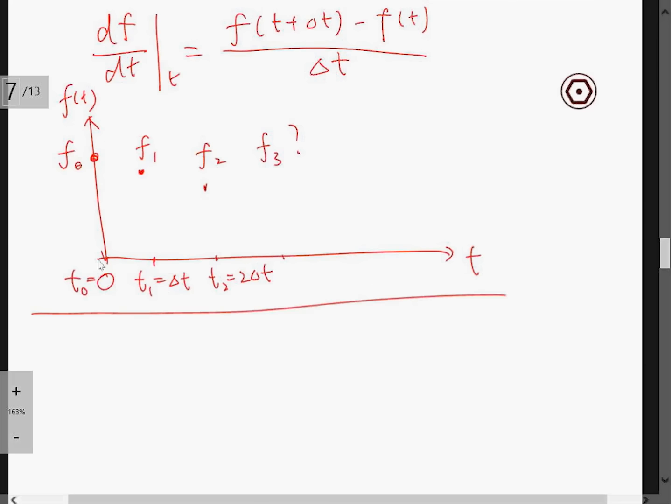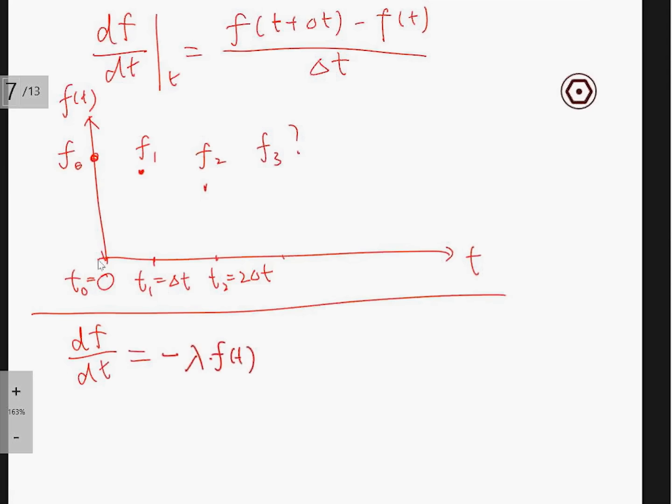So here's what is given. I have the ODE: df dt equal to a function of f, let's say minus lambda times f. So here's my simple ODE.